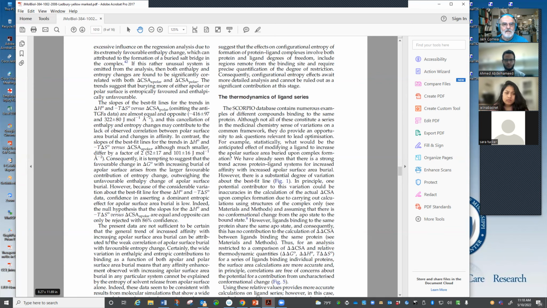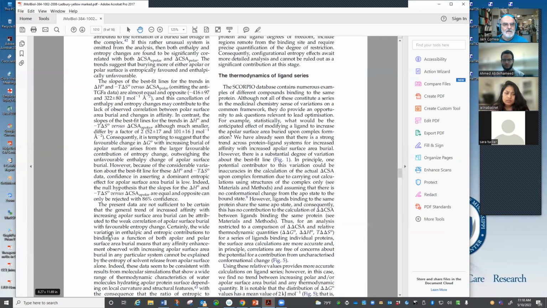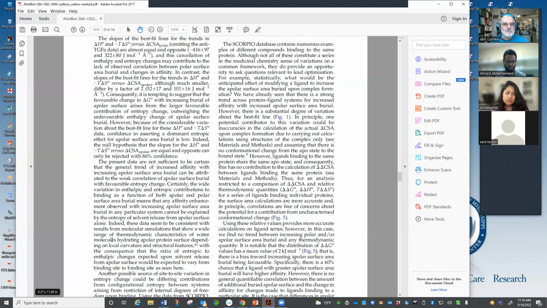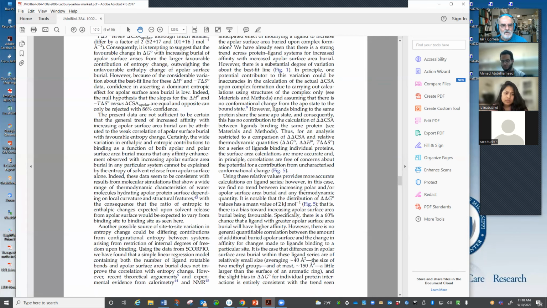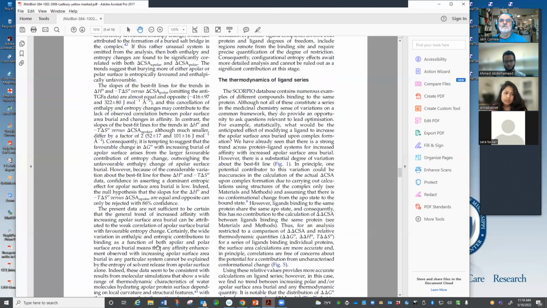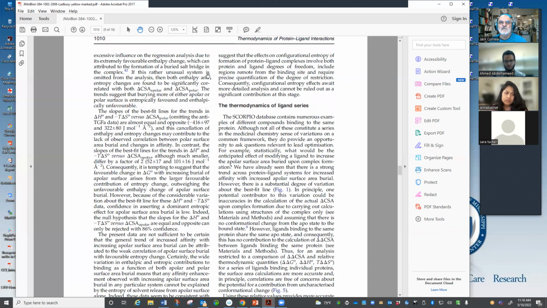And this is sort of the challenge, if you will, of predicting this kind of stuff. We have all kinds of data and all kinds of understanding from other methods that help us to understand this, but it makes it difficult.